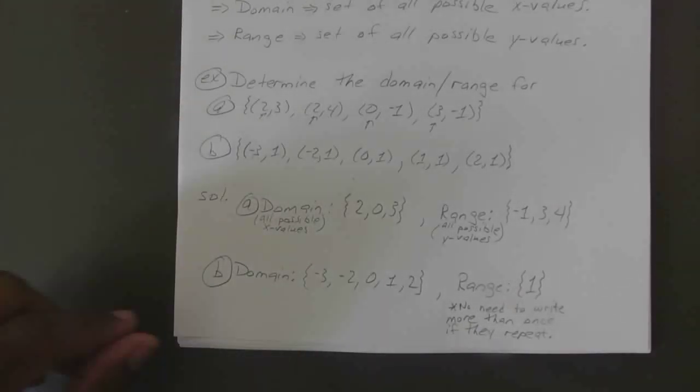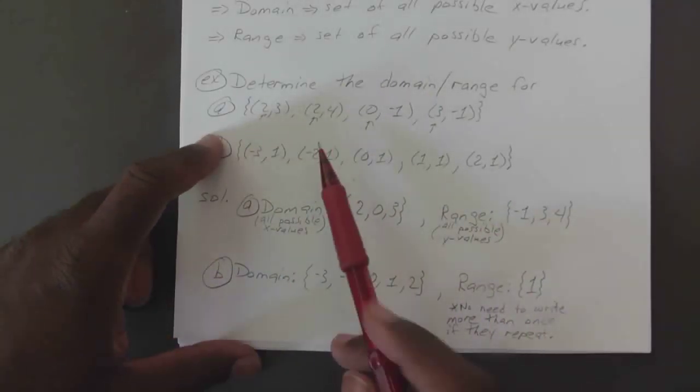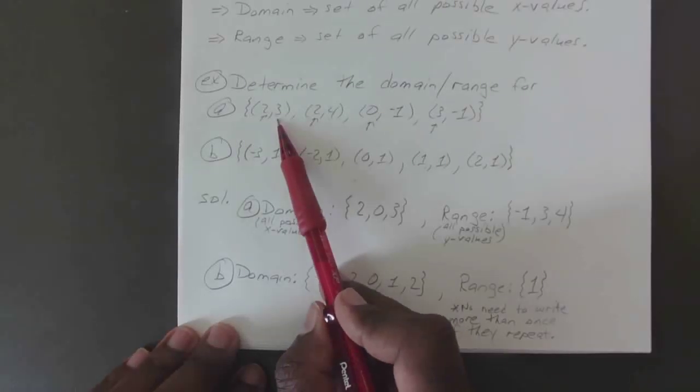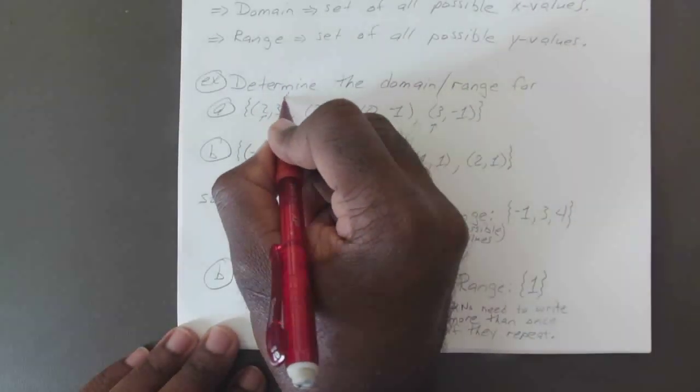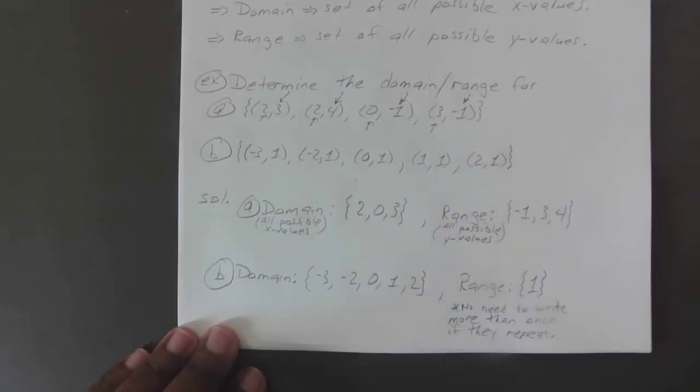So how did you get the range 3 and 4 for A? For that one, these are all your y values. Here, here, here, and there.